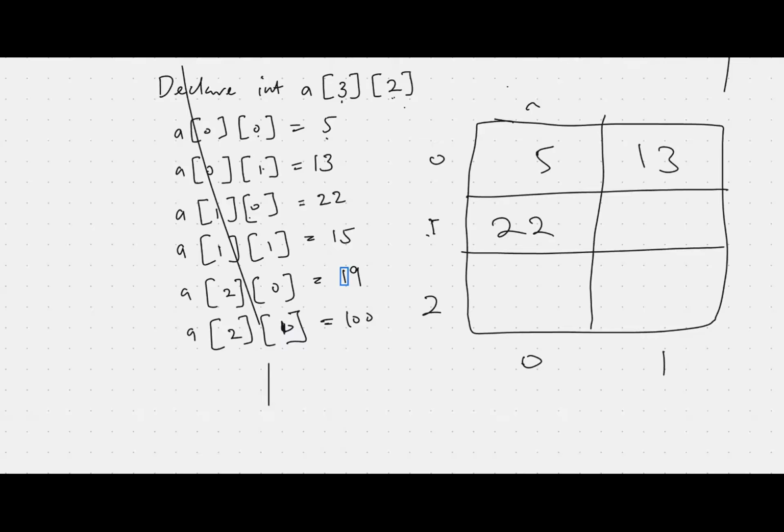So position 1 and 1, we have 15. Then position 2 and 0, we have 19. Then position 2 and 1, we have 100. So basically, this is the arrangement. You can write it one by one like this if you want to manipulate what goes into the row and column.